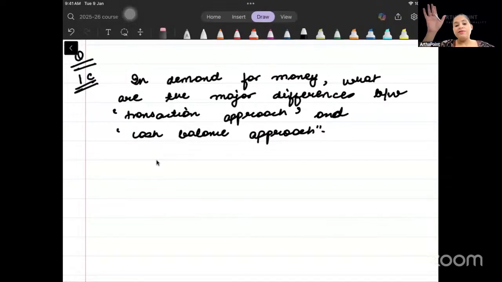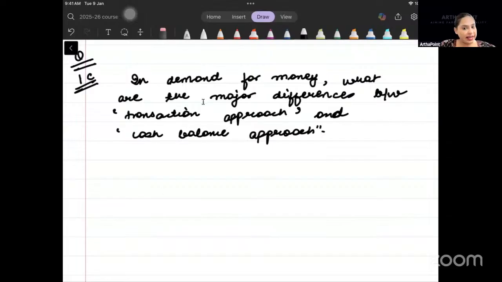When we talk about cash balance approach, we want to relate money to the cash that people hold. So transaction relates money to the volume of trade and velocity, and cash balance approach relates money to the money you hold. This is what you have to mainly focus on.